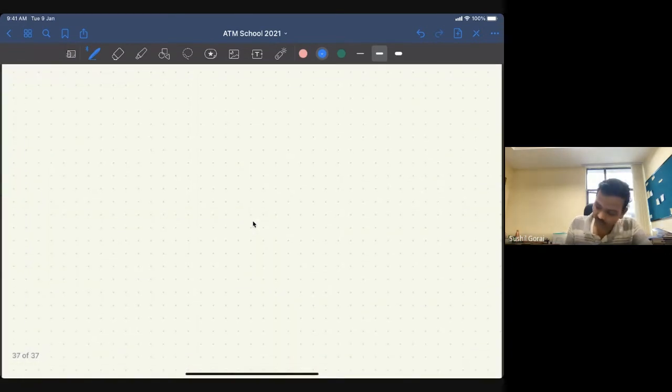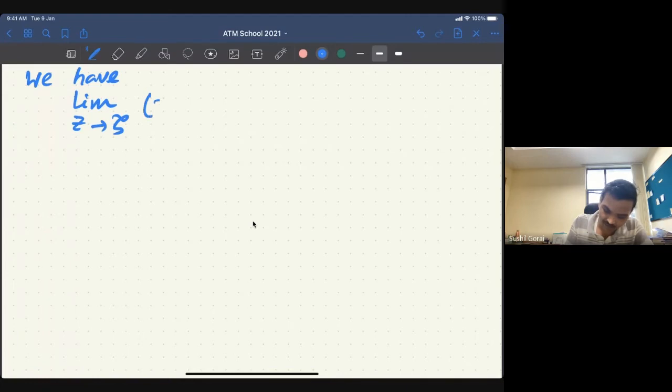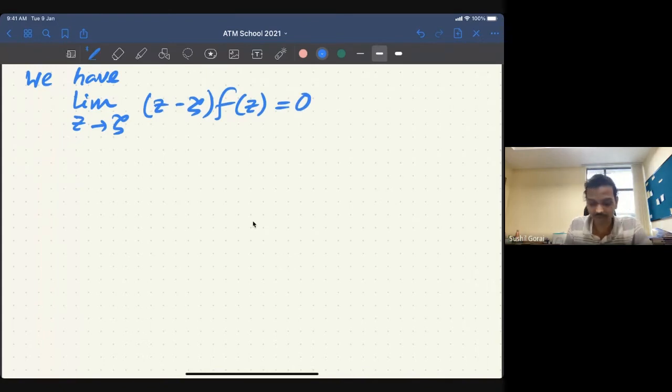So next one, what we have is, by assumption, the limit as z tends to zeta of (z minus zeta) f(z) is 0. Now again we look at it in epsilon-delta form.